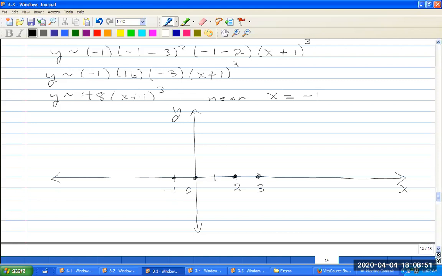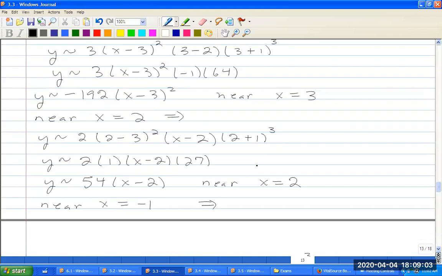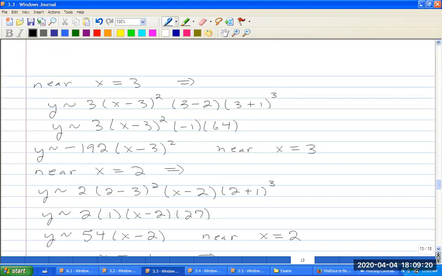At x equaling 3, well, it looks like some quadratic. Ooh, 3 minus 1 is 1. Okay, good.